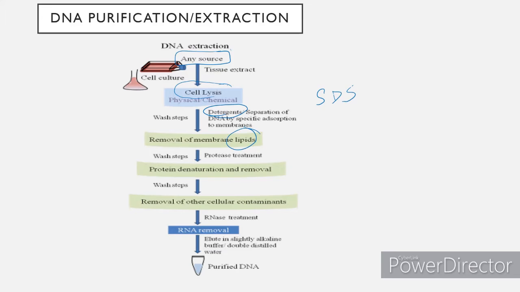And then protein is also removed with the help of an enzyme called protease. And then other contaminants are also removed. And then RNA is removed with the help of an enzyme called RNase. And then elution of the DNA takes place. We add ethanol to it, and we have the precipitated DNA out from the vial.